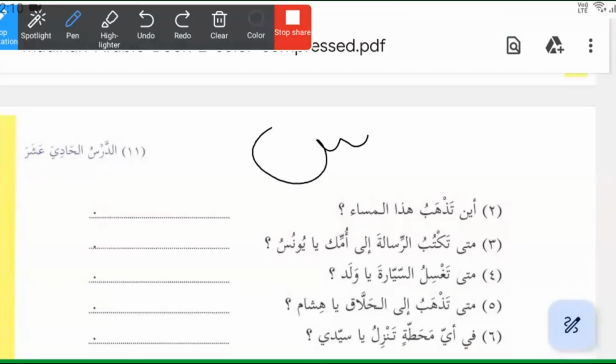Because if we say taktubu, it means you are writing the letter, the risala. But if I say sataktubu, it means you will write the letter, you will write the risala. So that's why I told you it's a particle of futurity. We say harful istiqbal.